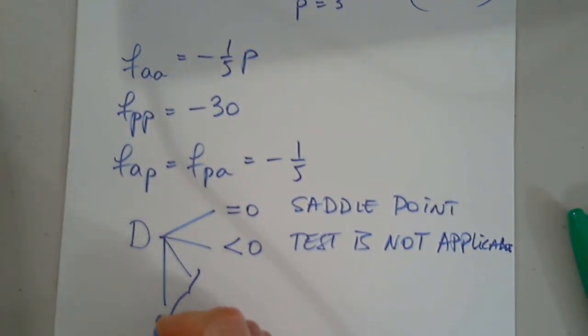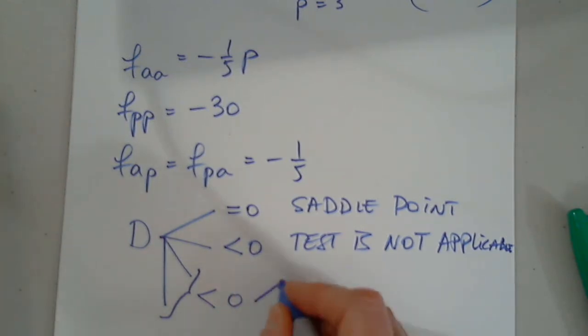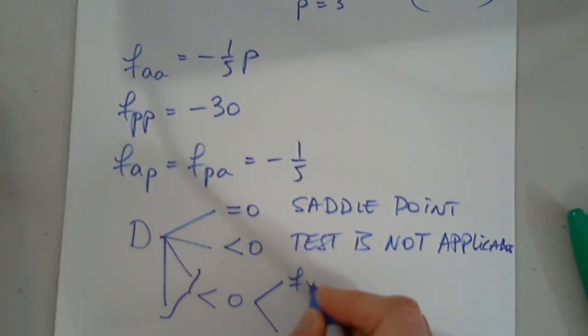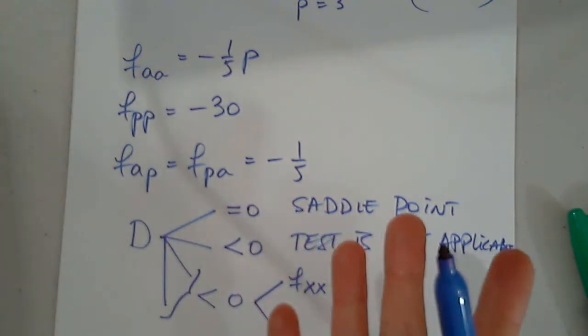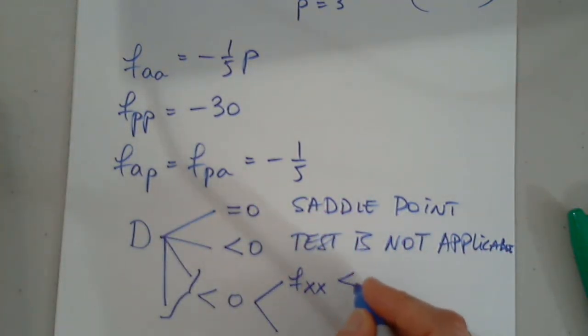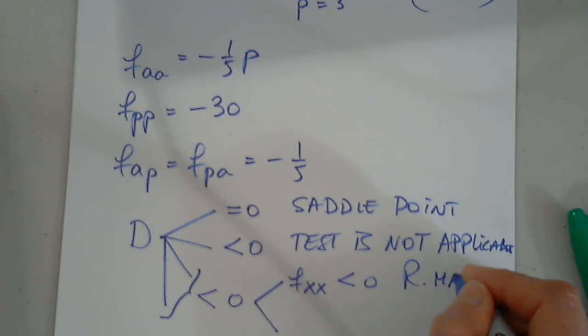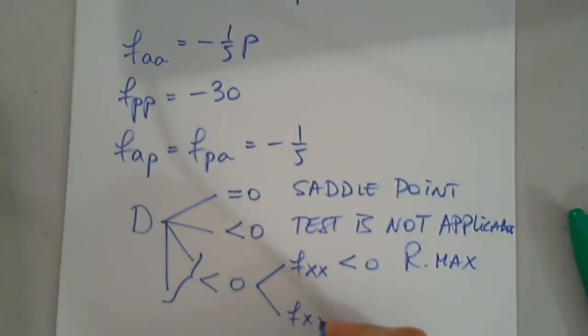Now, these two situations, when D is less than 0, there are two possibilities. Fxx, in this case FAA, less than 0, relative max. Fxx greater than 0, relative min.